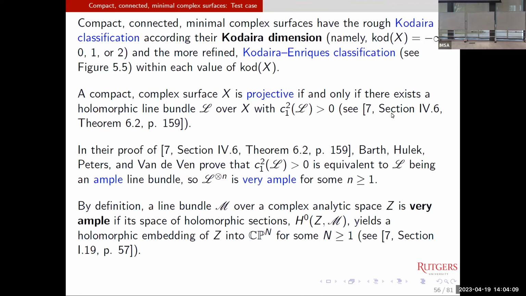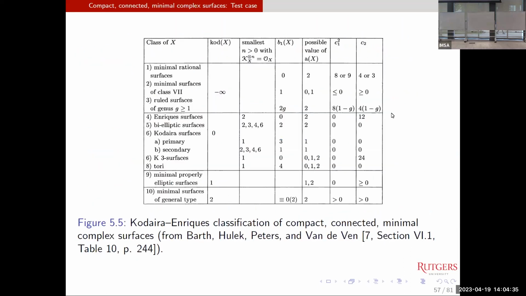If you remember the classification of compact surfaces from the early days, you'll remember that they're classified in terms of higher dimensions, and then there's a finer Bombieri-Kodaira classification that splits up these groups into subclasses. And you get a table, which is the following, which I stole from a colleague. It's a really nice table here.